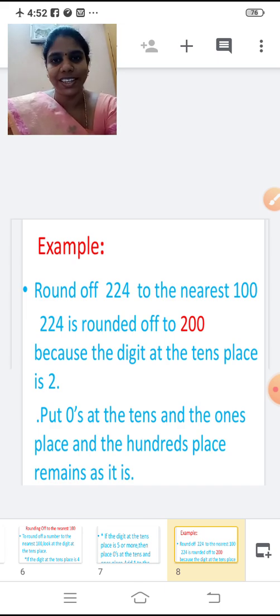Place zeros in the ones and the tens place, and the hundreds place will remain as it is. So 0, 0, and what digit are we having in the hundreds place? 2. That will not change. So 224 is rounded off to 200.